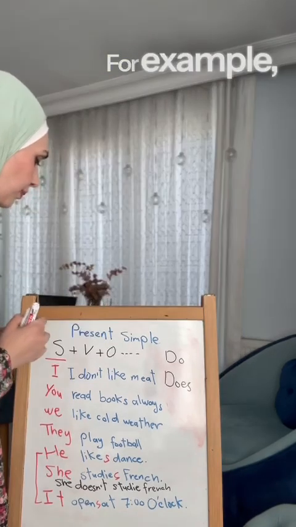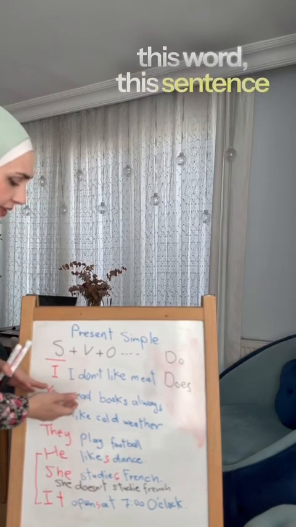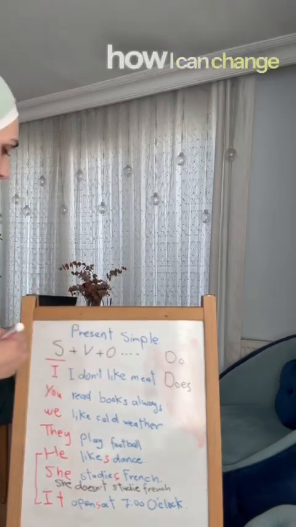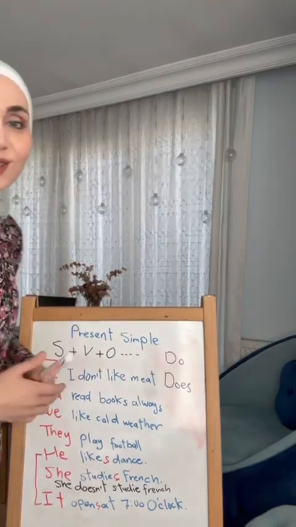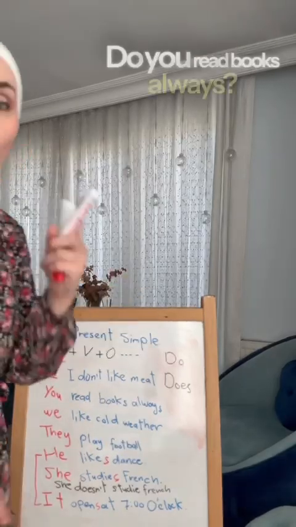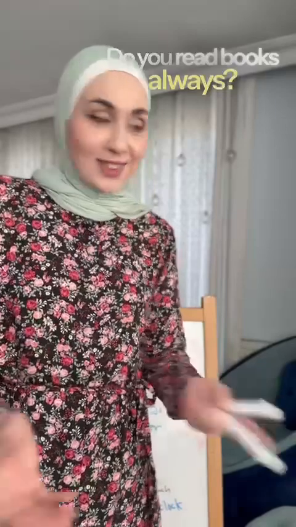For example, if I want to change this sentence to a question, how can I change it? You read books always. If I want to ask you, I will use do. Do you read books always?